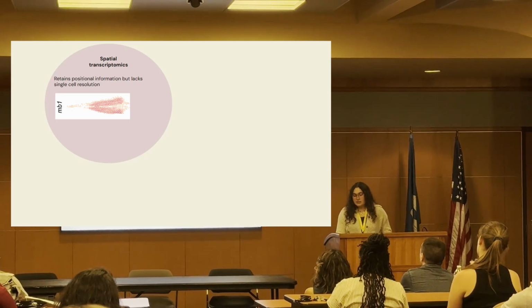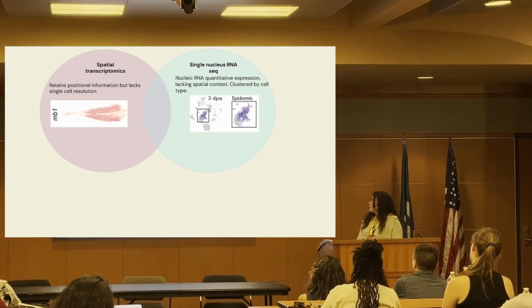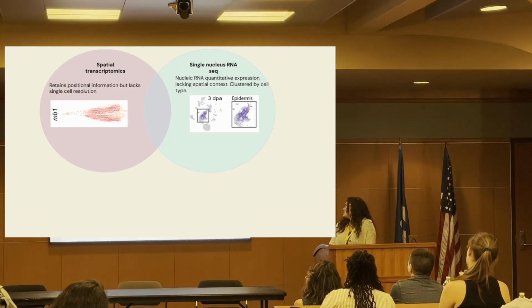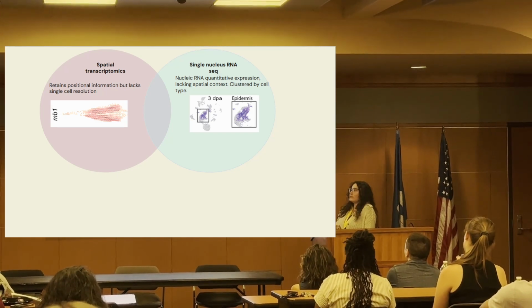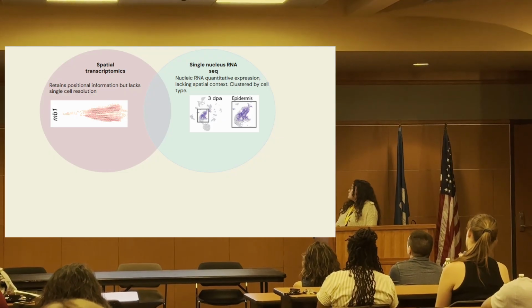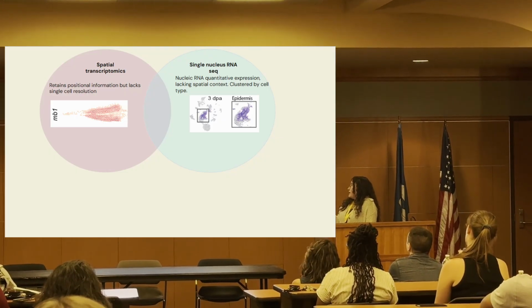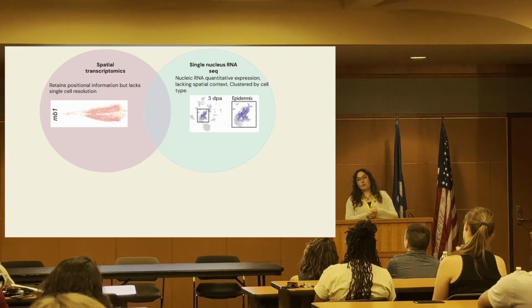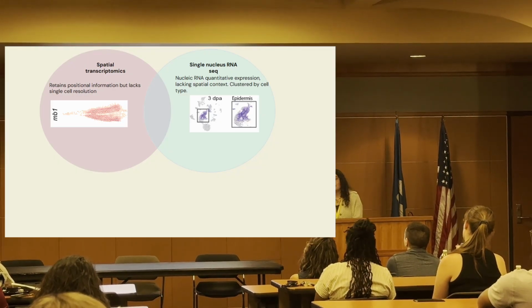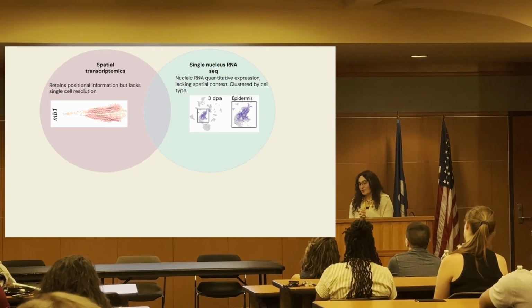So we have another method, single nucleus RNA-seq, which Isis talked about a little bit, which will give you a sense of the nuclear RNA expression quantitatively and clustered by cell type. So it will tell you which cells these genes are being expressed in and how much expression is occurring.